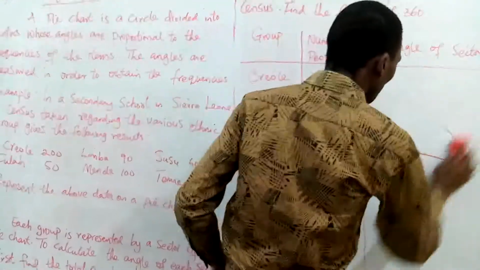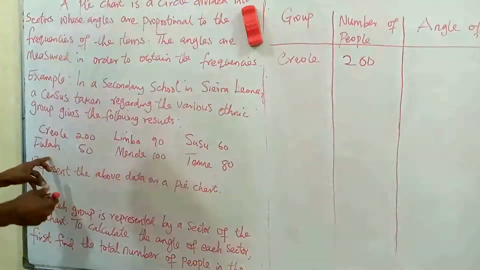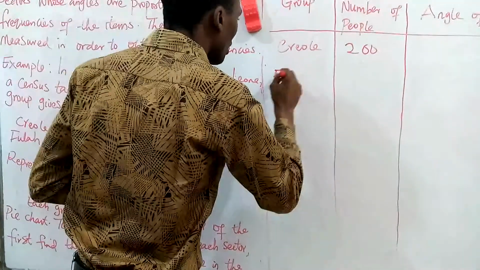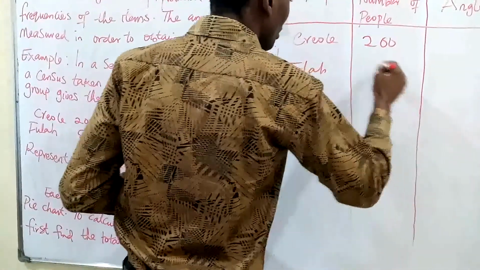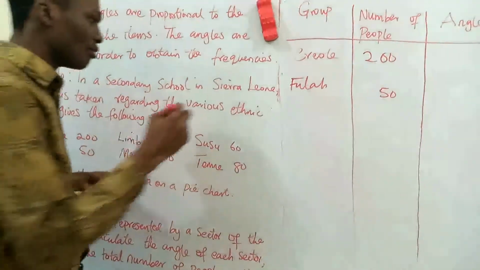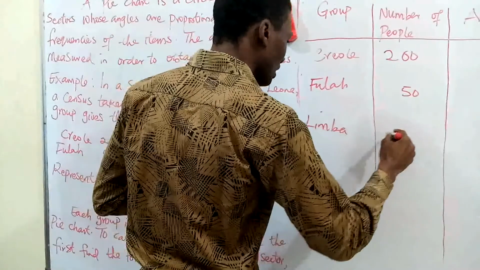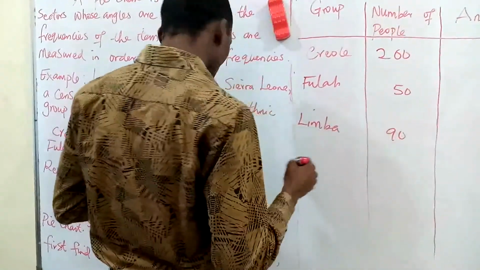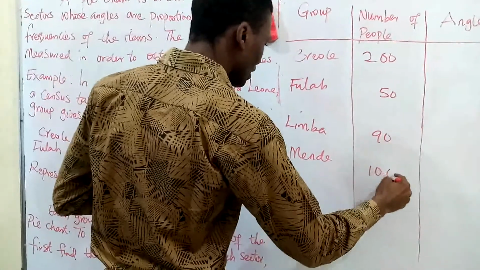So for Creole here we have 200 people. For Fula, which is a language, we have 50 people. For Limba, we have 90. For Mende, we have 100.